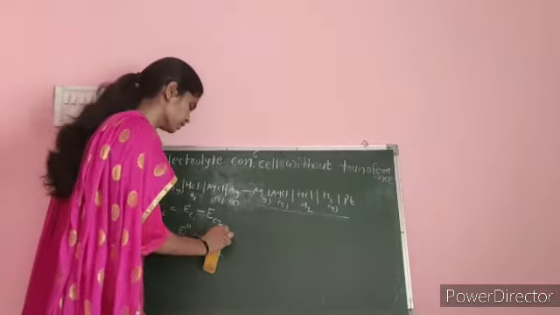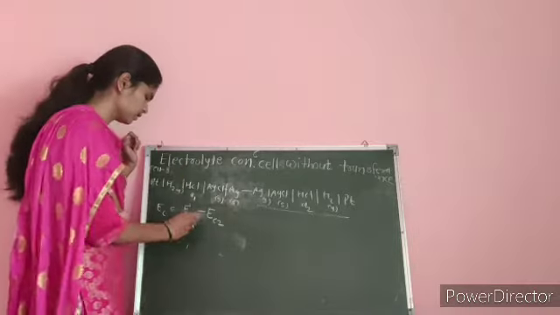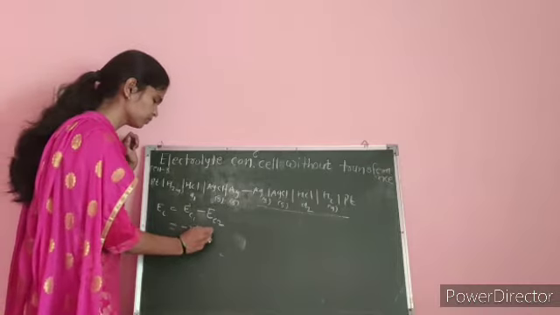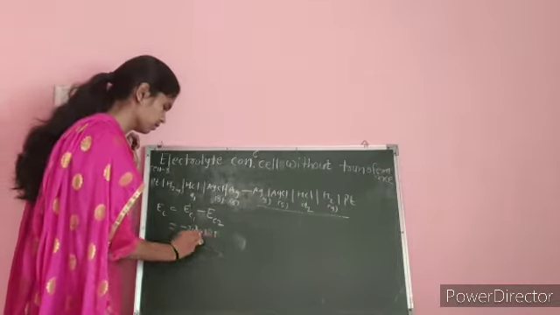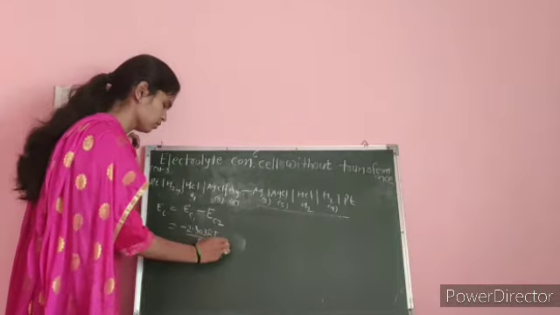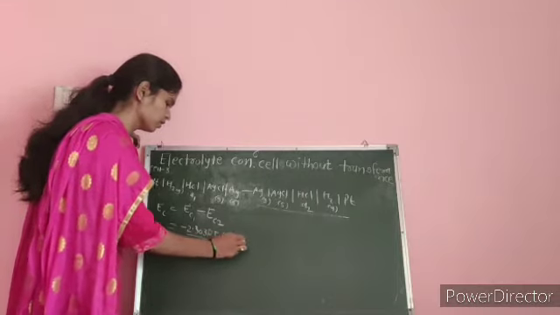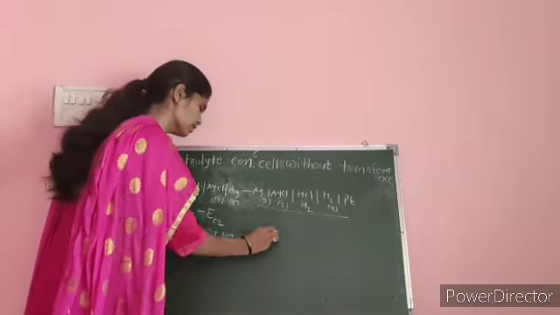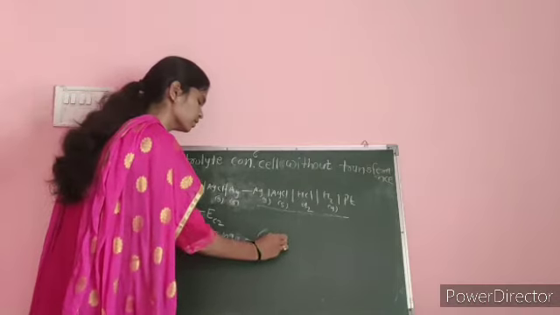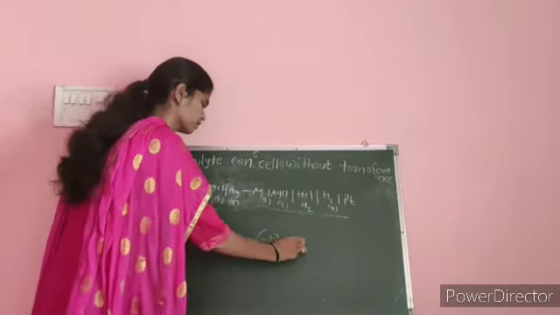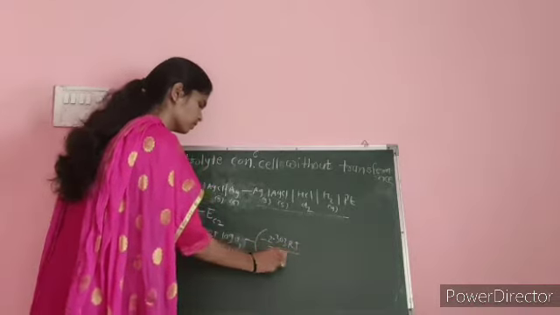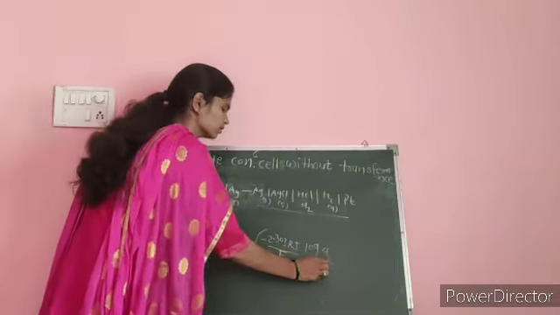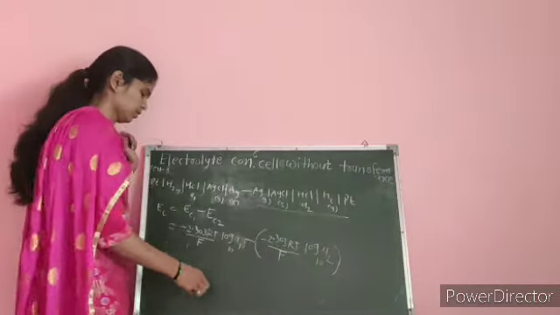Therefore write down here EC1 is nothing but minus 2.303 RT/F into log of A1 concentration to the base 10 minus in bracket minus 2.303 RT/F log of A2 concentration to the base 10, okay.